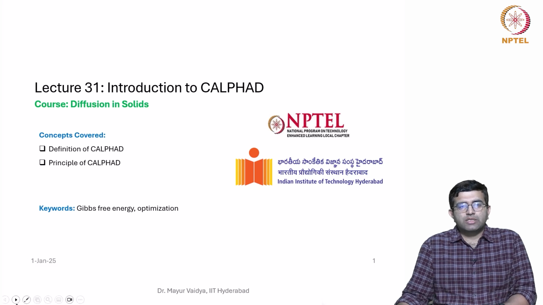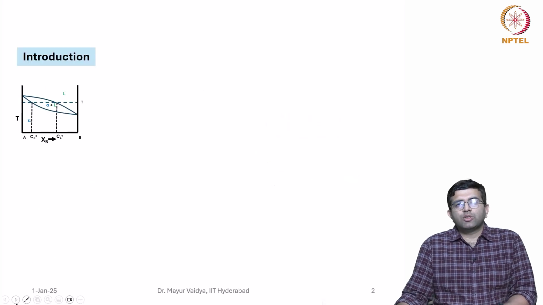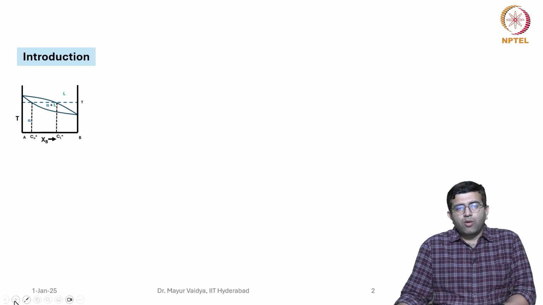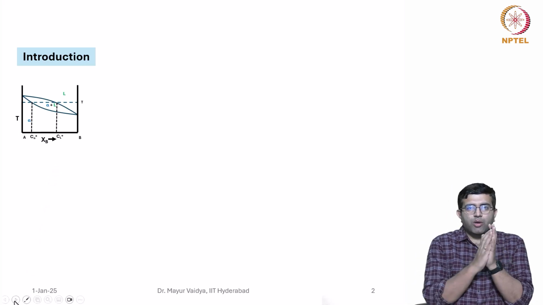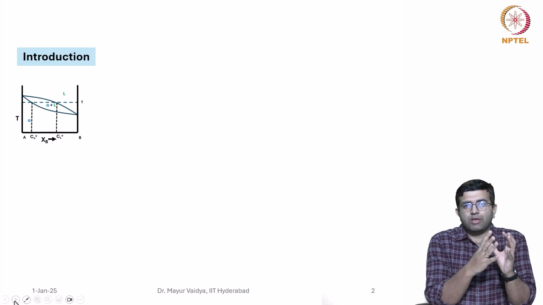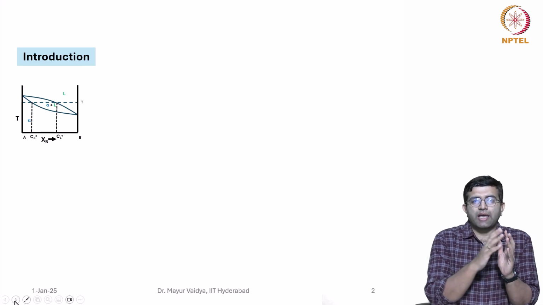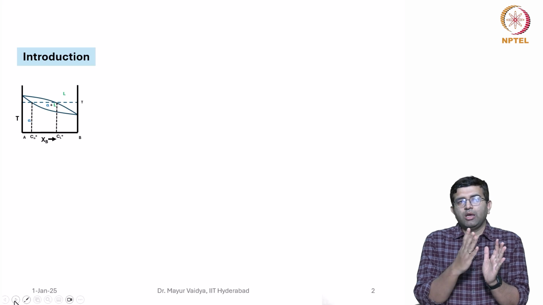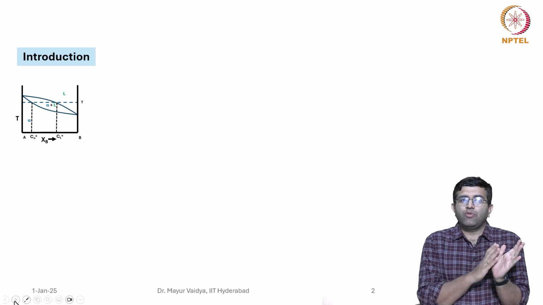So, let us start. We have all seen this, even when we were revising, and you know that this is what we know as a phase diagram. Now, when we were revisiting the thermodynamic concepts, I emphasized that there is a one-to-one correlation between a free energy curve and a phase diagram.